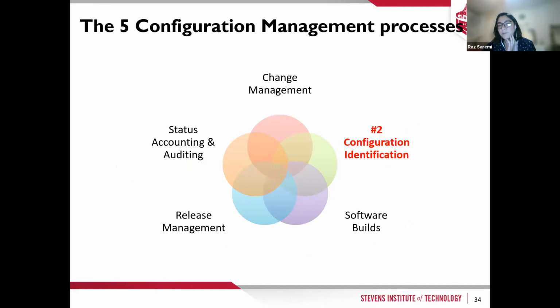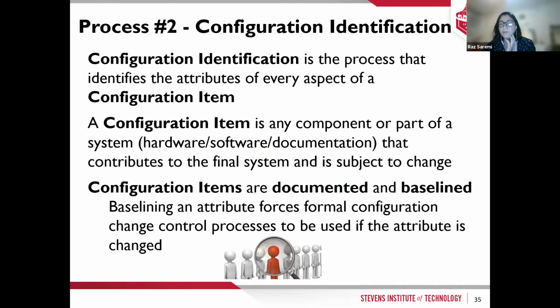Then we had configuration identification. What do we mean by that? We mean that we want to have an ID for each configuration item, right? It's the process that identifies the attributes of every aspect of a configuration item. So again, remember, a configuration item can be a baseline, but a baseline is not necessarily a configuration item that I'm working on.